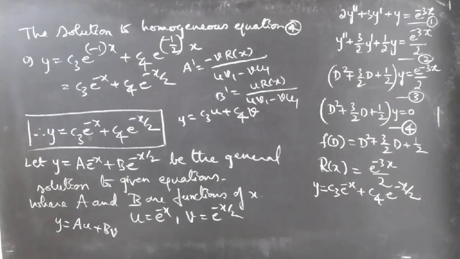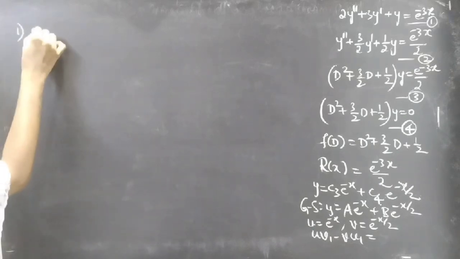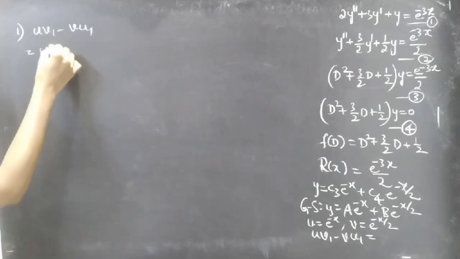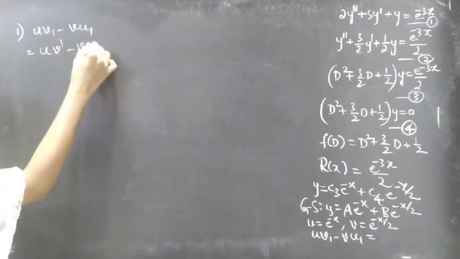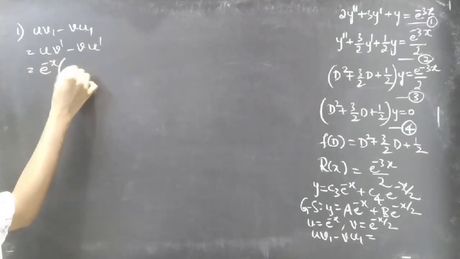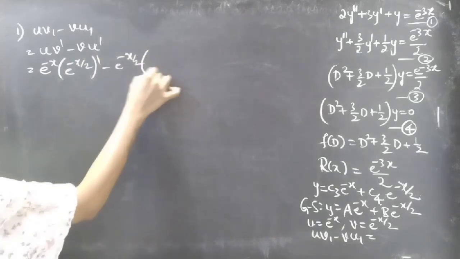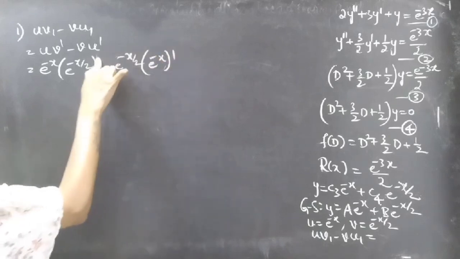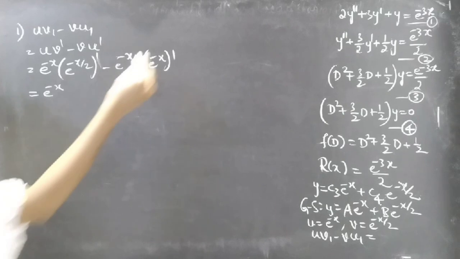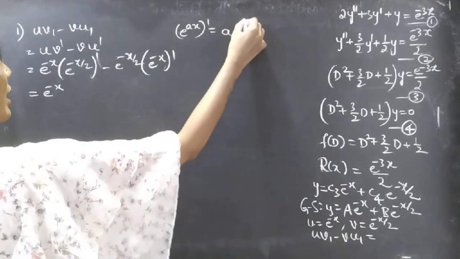Now coming to u v1 minus v u1. v1 is nothing but derivative of v. u1 is nothing but derivative of u. This is equals to u, e power minus x, into v, e power minus x by 2, dash, minus v into u dash. This is equals to e power minus x into, we know that derivative of e power ax is a into e power ax, right?